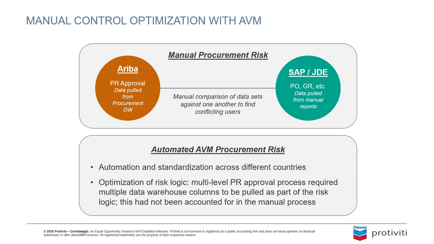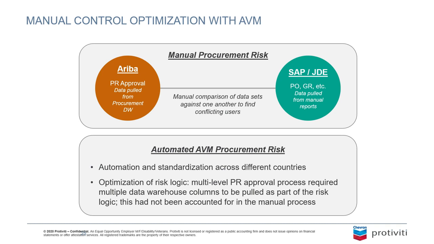Some people may have written scripts to automate pieces of this, but the point is that it was very decentralized, and folks were doing it slightly differently in different locations. As Chris touched on before, and as everyone probably knows, Chevron is in many different countries. So we saw, for example with this one, some differences in a couple of different South American countries and in European countries in terms of how they were doing this. So a lack of standardization was certainly one thing.